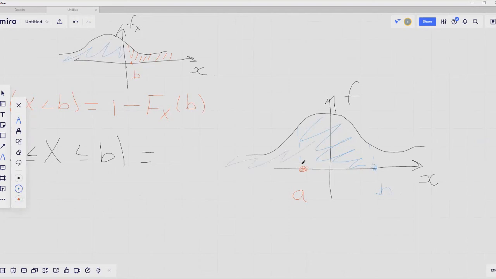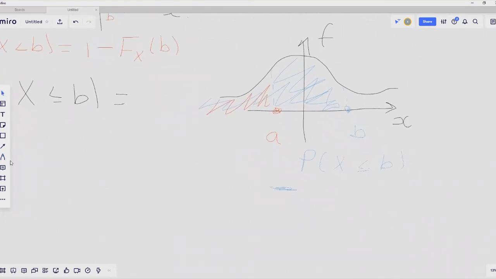The area to the left of point B, or probability that X is less than or equal to b, minus the following red area, which is the probability that X is less than or equal to a, which is equal to the CDF at b minus the CDF at a.